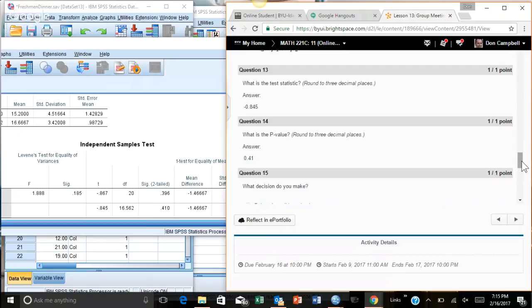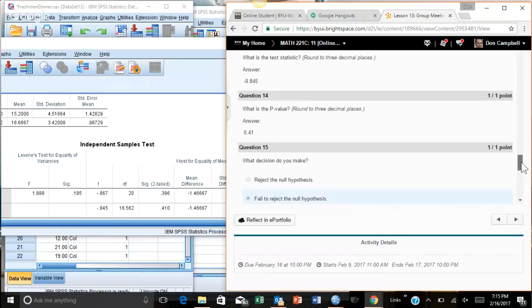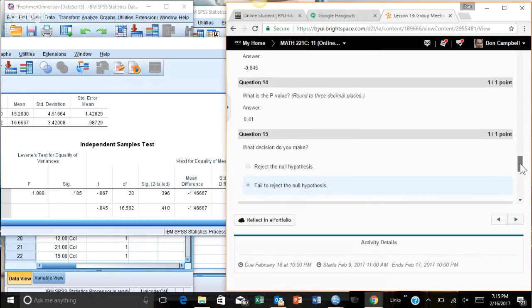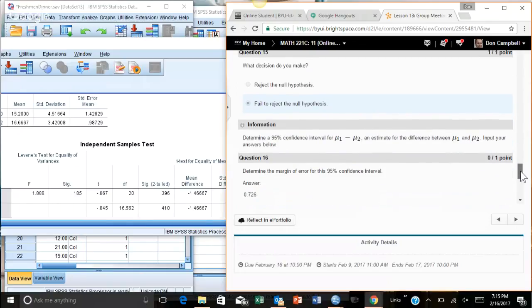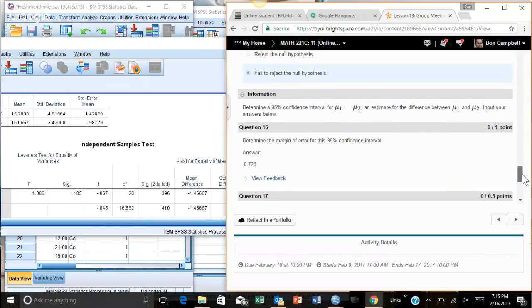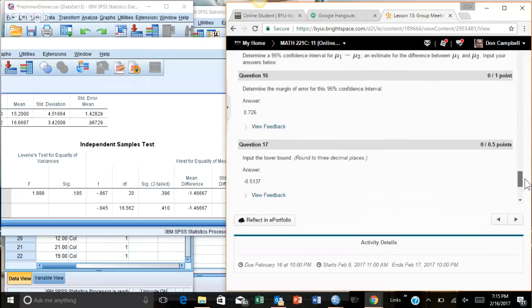It only ends up as 0.41, but that's okay. 15 is fail to reject. 16, we're just giving up on. Lower bound is 0.7.